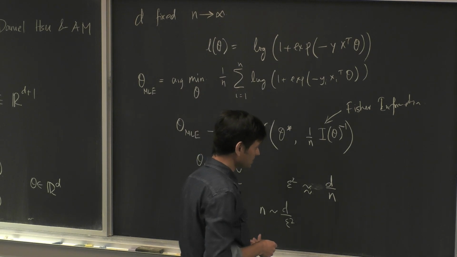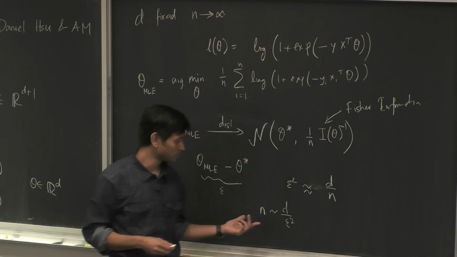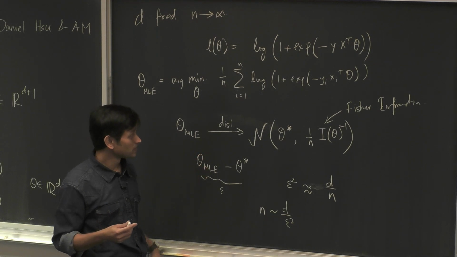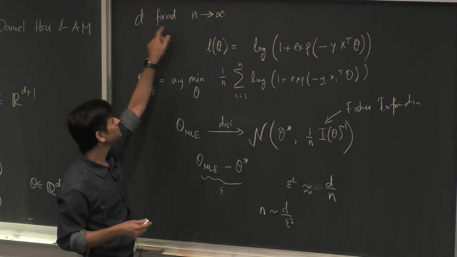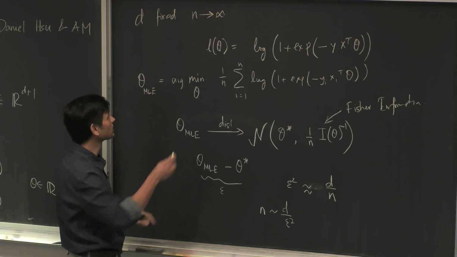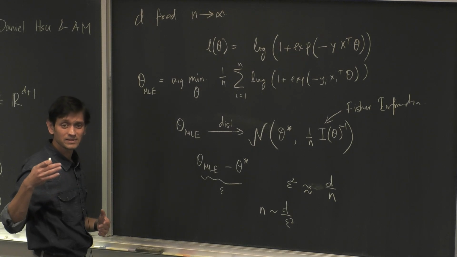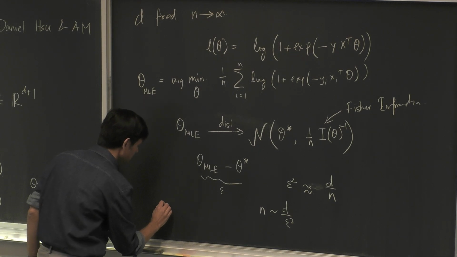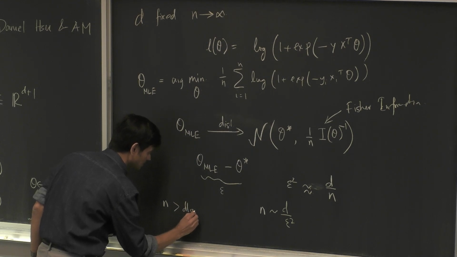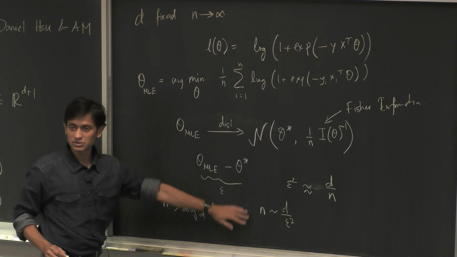By the way, there is a very interesting paper on logistic regression, exactly the same thing. I said d fixed, n goes to infinity, but it doesn't have to be; d can also go to infinity. I think even in the 90s people knew that as long as n is greater than something like d log d, this is all going to go through.